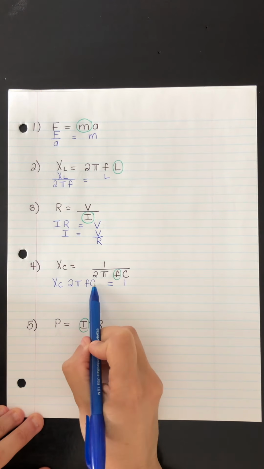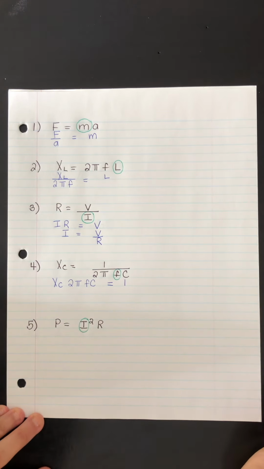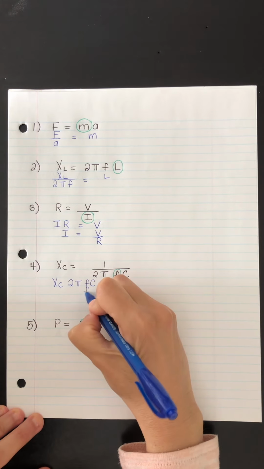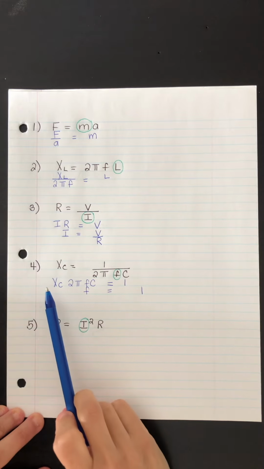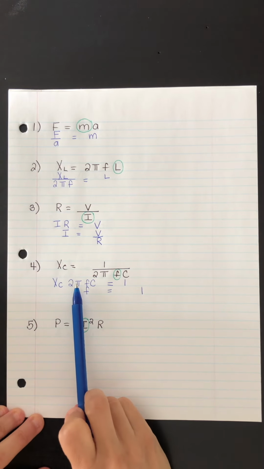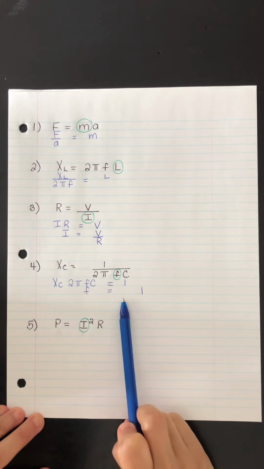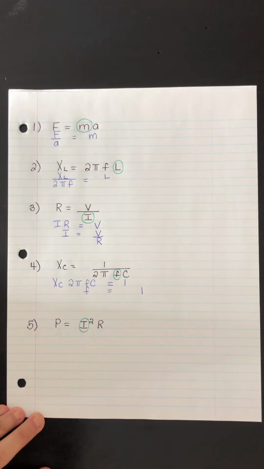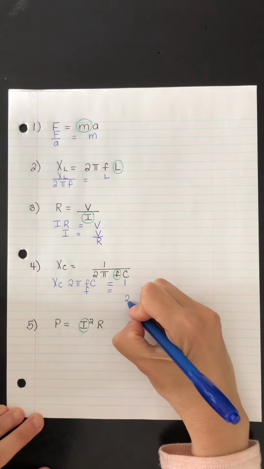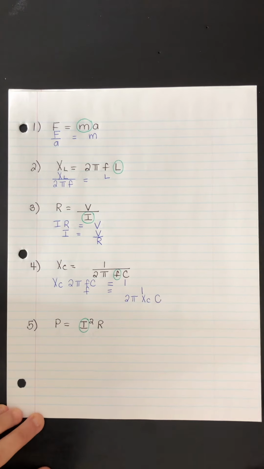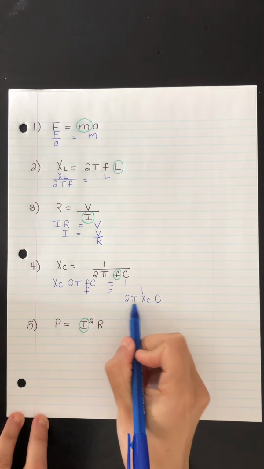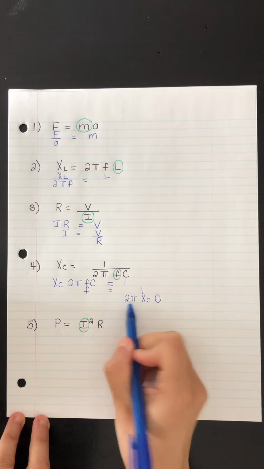All of these other items are being multiplied by f. So in order to isolate the f, we divide by xc and 2 and pi and c, and you can write those in any order you like. The most common order would be this one. 2 pi is the numeric part, so generally that would be first.